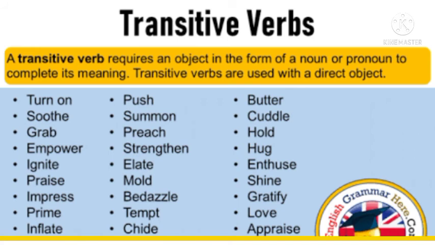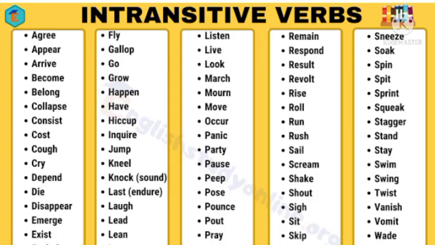For example, we have already discussed, the ship sank. We can say it is an intransitive verb. Another example, the baby is sleeping. Sleep is a verb, always used as an intransitive verb.